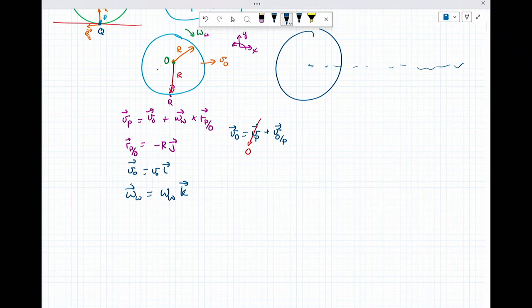If I solve through for that, I can say, well, omega of the wheel is just going to be omega of the wheel k, because I know I've got planar motion. I've got all of the distances associated with this, and I have all the terms that I need.